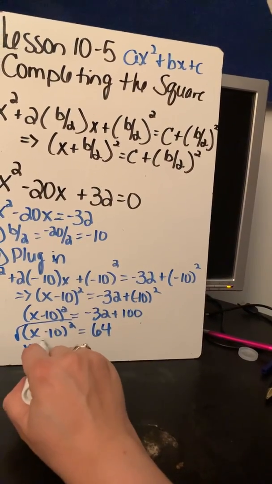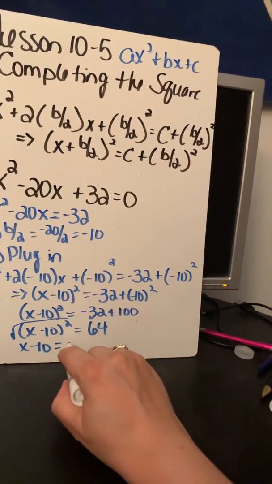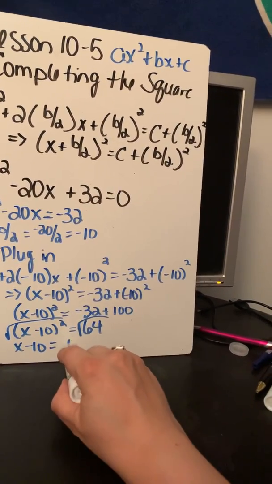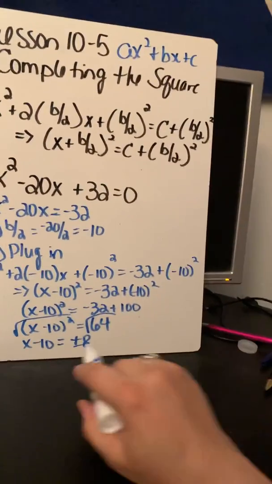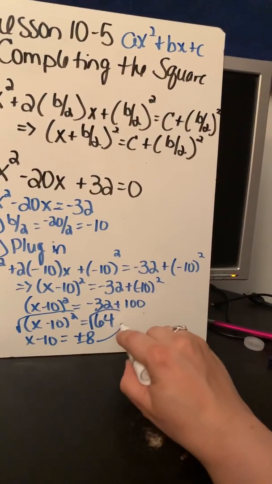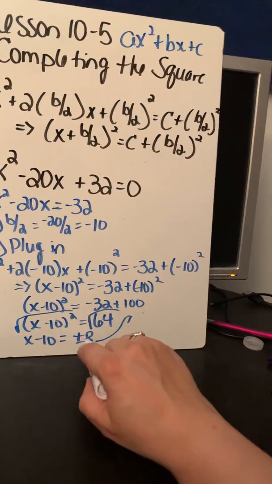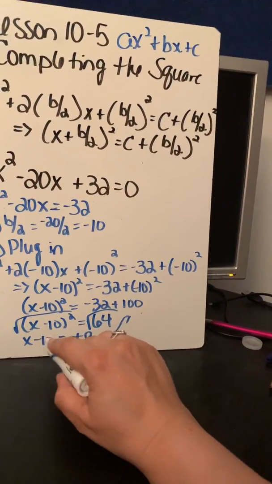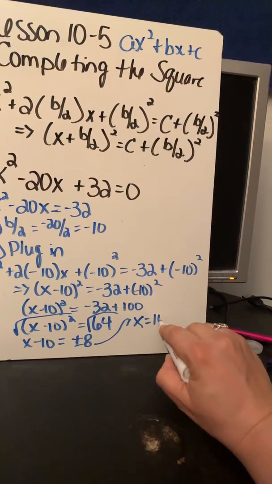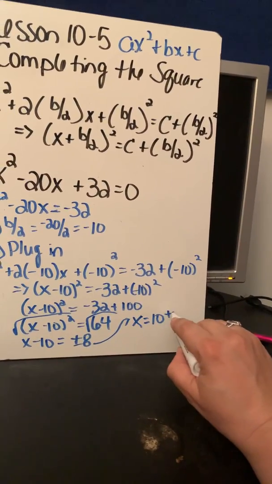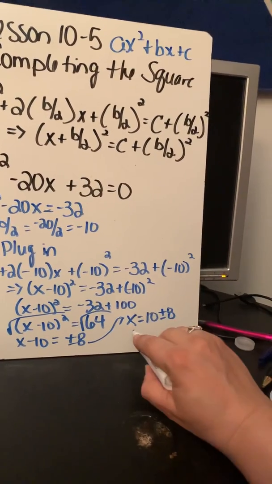So now you got x minus 10 equals square root of 64, plus or minus 8. Okay, so from here, I'm going to draw my little arrow over here. Add your 10 over. So now I have x equals that positive 10 out in front of that plus or minus 8.